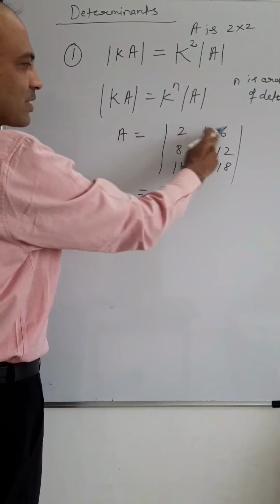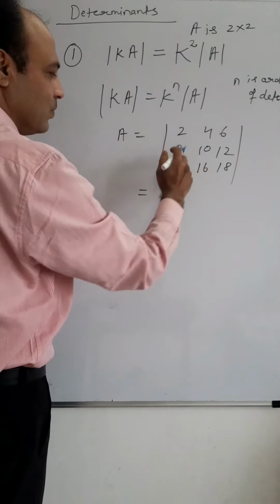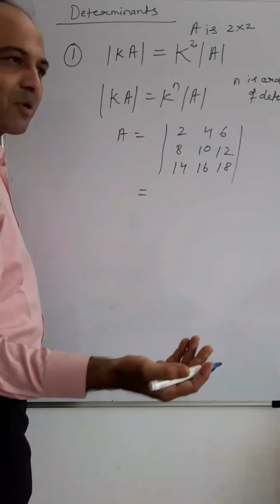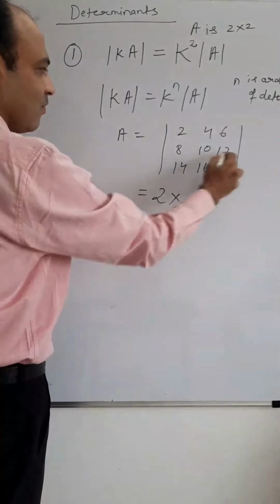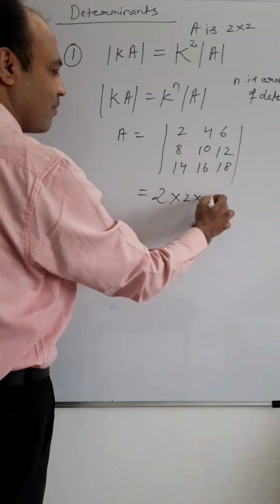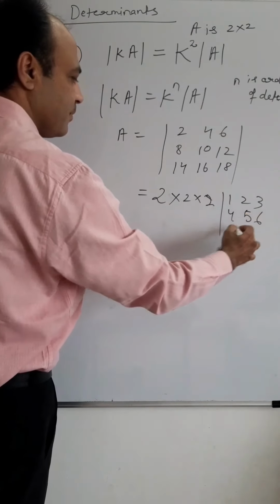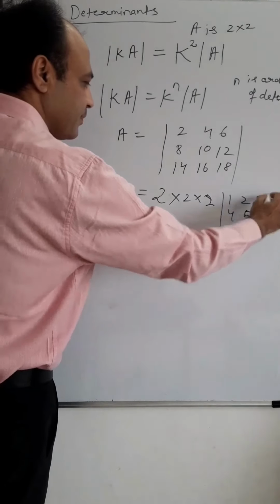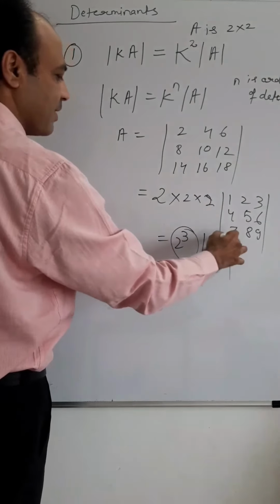If some constant is multiplied to each term, 2, 2, 2, 2, so if you take common 2, that we will discuss in properties also. So 2, 1, 2 from here, 1, 2 from here, and 1, 2 from here. So we are left with this. So this came 2 to the power 3 of this determinant.